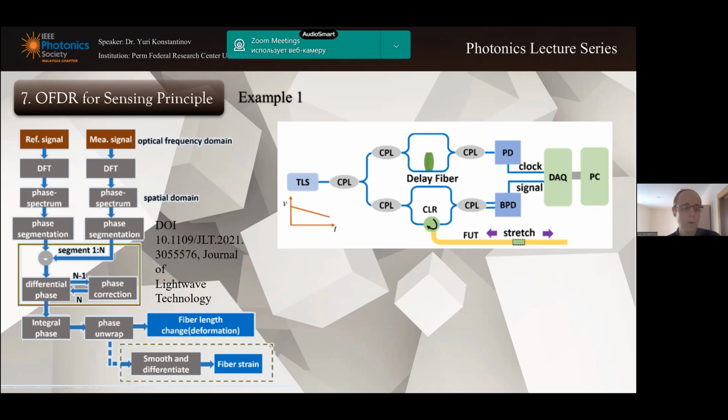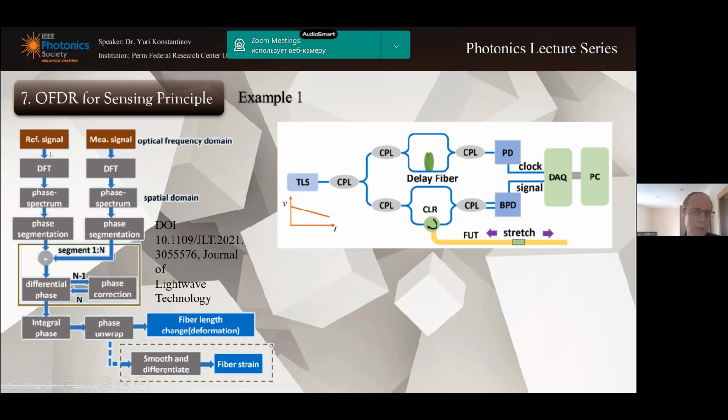So we don't apply temperature, we don't apply strain, we don't apply acoustic vibrations, we just set up this sensor into the object and do the reference measurement. And after that, this measurement should be compared with the measurement signal to extract the impacts on the fiber.